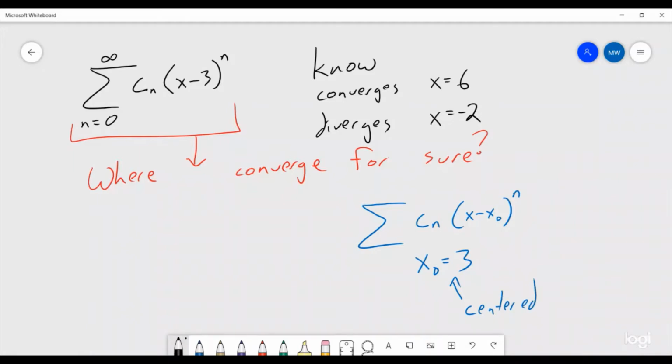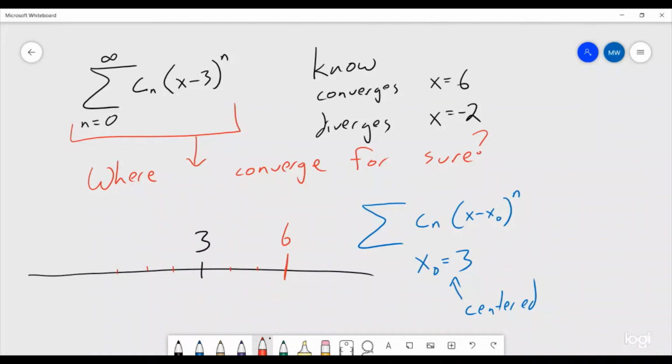So if we were to look at a number line, we know that right here at 3 is the center. We also know that if we go out 3 more, right here to 6, we know it converges. So that tells us that the radius of convergence has to be at least 3. So that means going backwards 3, it should at least go that far.